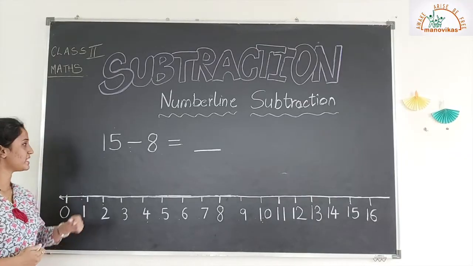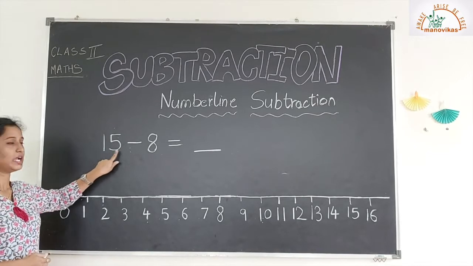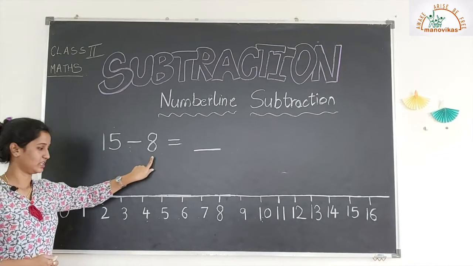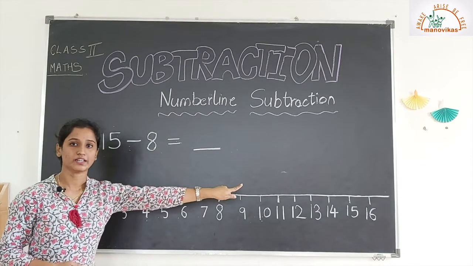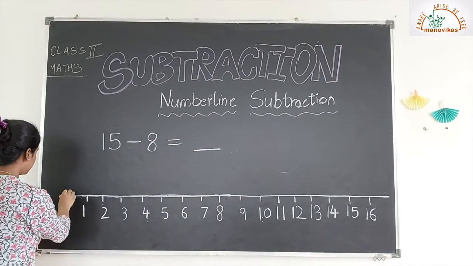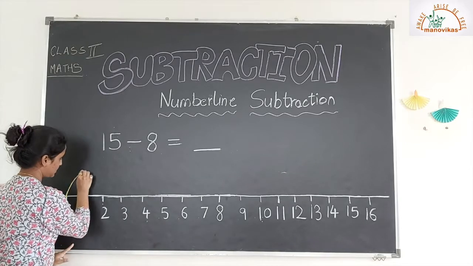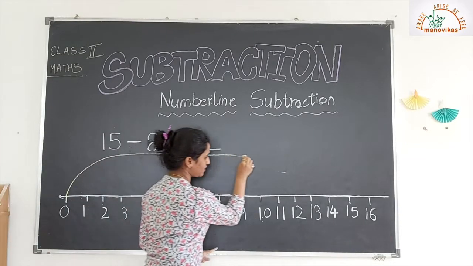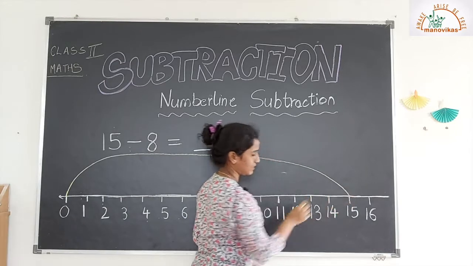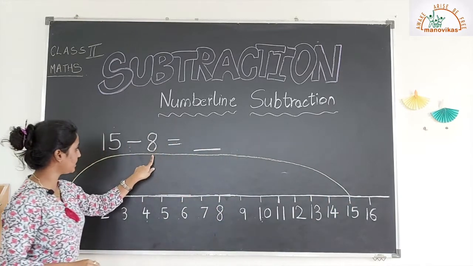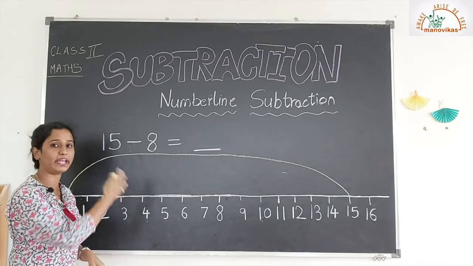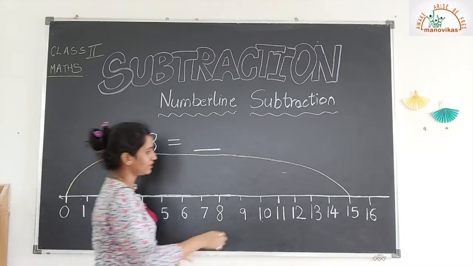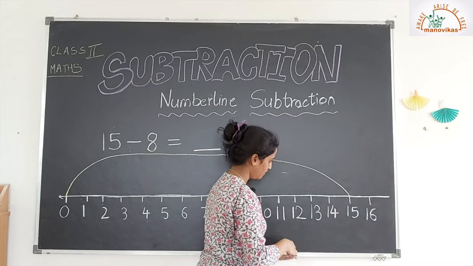Students, one more example. We have 15 minus 8. So from 0 we need to jump directly to number 15. So we begin with a 0. So from 0 we go directly to number 15. Correct? Now we have to take away 8 from 15. So we need to jump 8 times backward. Correct? So we begin with 15.